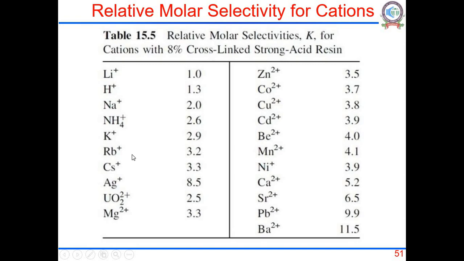If A is potassium and B is hydrogen ions, then K_AB would be 2.9 divided by 1.3. It will be more than 1, so it will be favorable for K plus to go into the resin and H plus to come out from the resin. You can see the relative molar selectivities of different ions, and you can use this as a guide to see which one will get favorably exchanged into what form of resin.